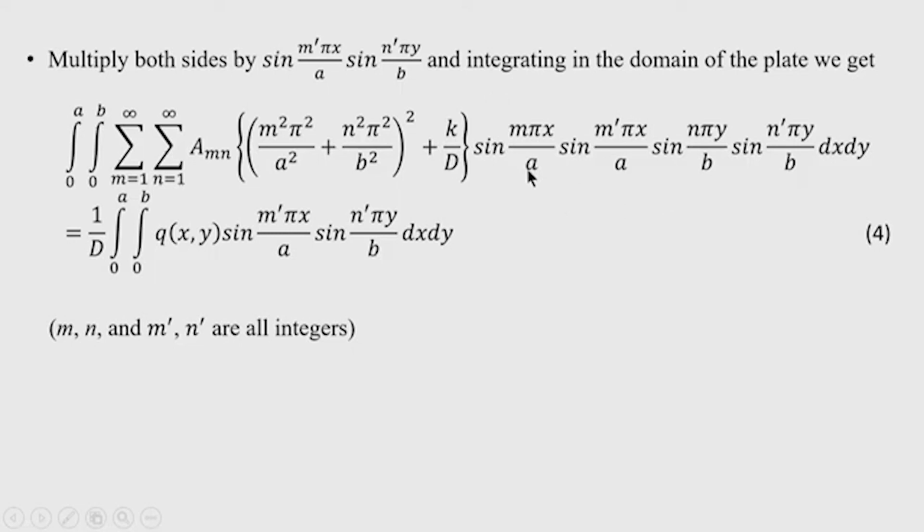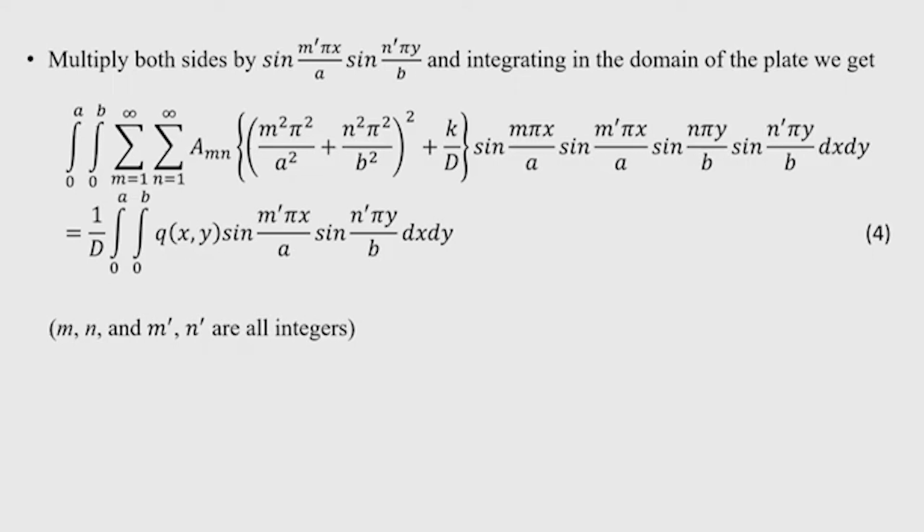That is the intention for multiplying this and integrating over the domain of the plate. Because of this operation, we can use the orthogonality condition, by which we can get rid of all the terms which are not involving m equal to m' or n equal to n'.